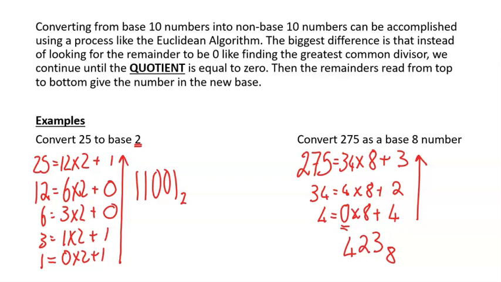So similar to the Euclidean algorithm, we follow these steps and then make sure we're fine at the end. And this is how we convert the number from a base 10 into a non-base 10 number. We can convert any number in our number system, which remember is default base 10, into another base number system.